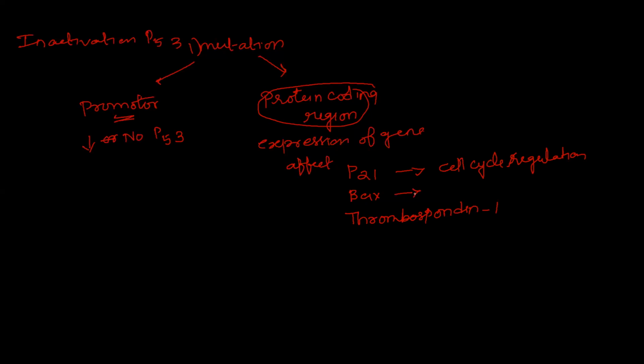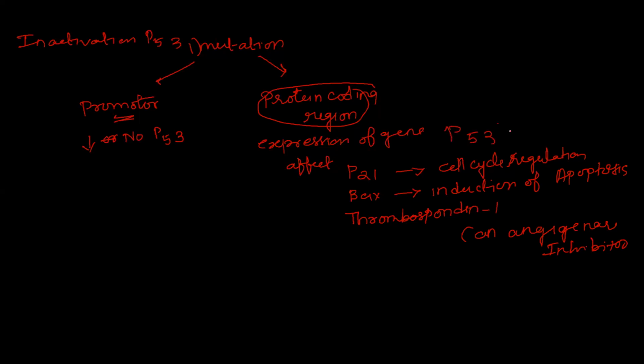BAX is going to induce the process of apoptosis. And thrombospondin 1 is an angiogenesis inhibitor. So when P53 activity is lost, the activity of these is also lost, right?